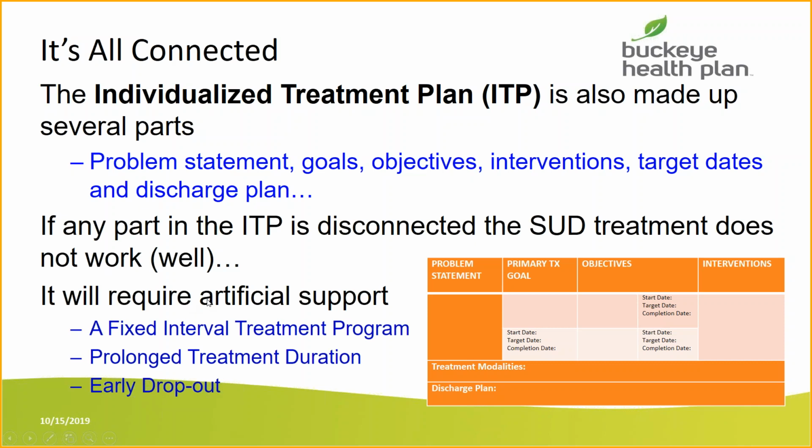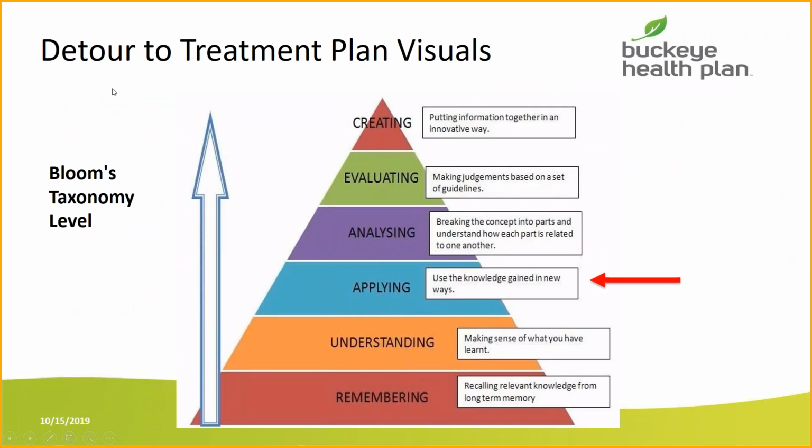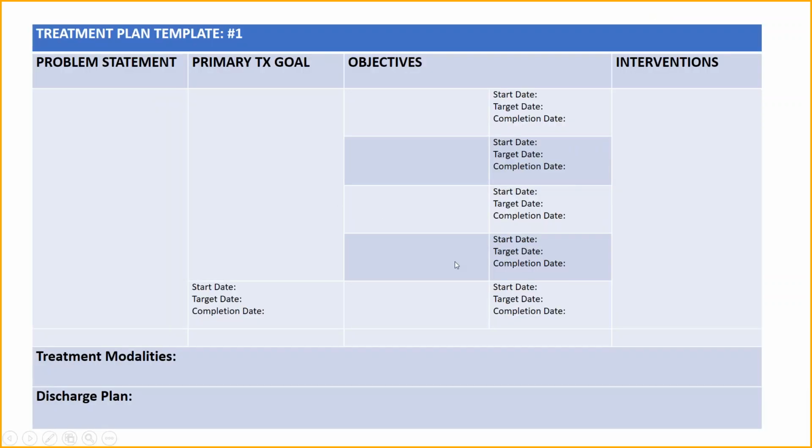And it will require artificial support, and you may have to use a fixed interval treatment, or you have to prolong the treatment duration, or you may notice early dropout from treatment. So again, the red arrow is showing you where I would like to take you in terms of being able to acquire new knowledge and use it in different ways.